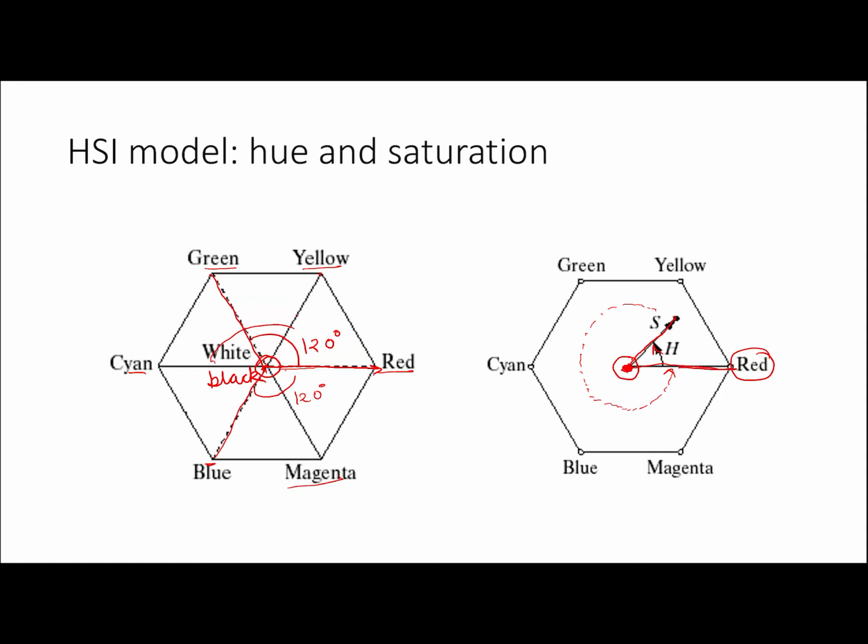Using this convention, red will have a hue of 0 degrees, and as we rotate the shaded plane around the intensity axis, this straight line will also be rotated by 360 degrees, and as it is rotated, the hue is going to increase.